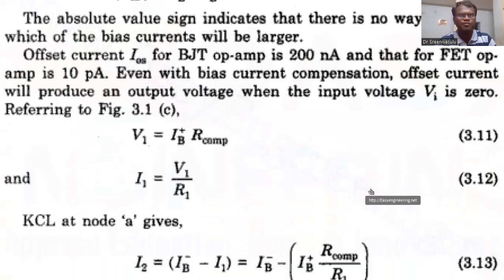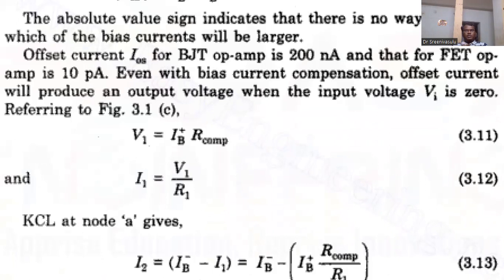Now suppose we see the offset current IOS for a general op-amp using BJT. The offset current of the BJT version op-amp is 200 nanoamperes.